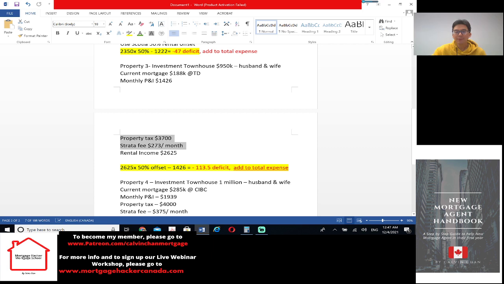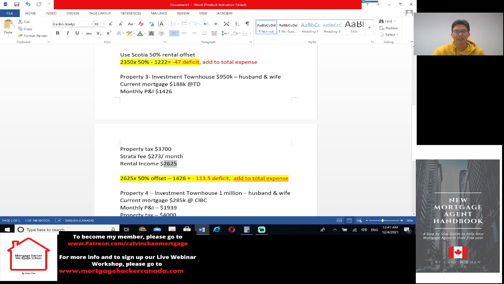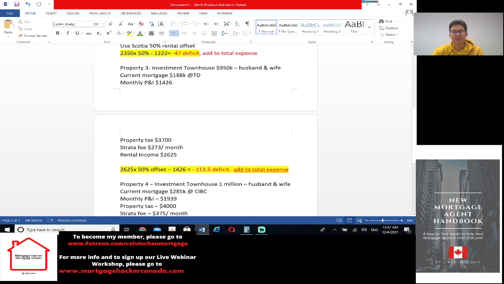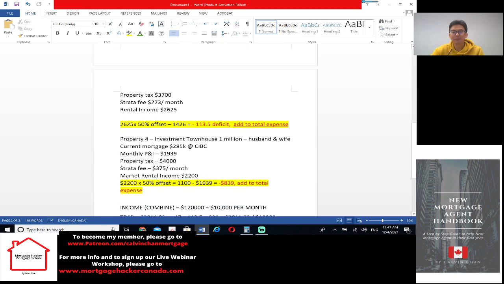But for the rental deficit, you should get half of 2,625, which is this rental income, minus the P&I, which is the mortgage payment per month here. You should get a $113.50 deficit every month. So remember that we will eventually add it to the expense.